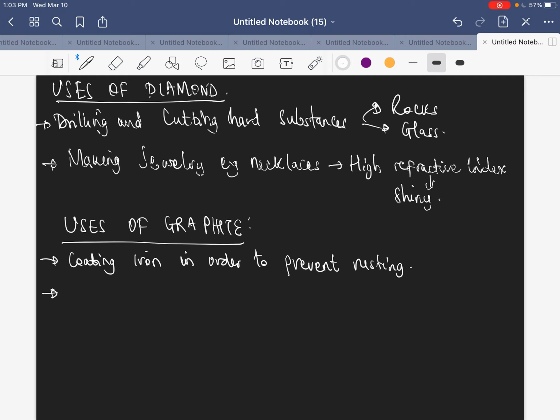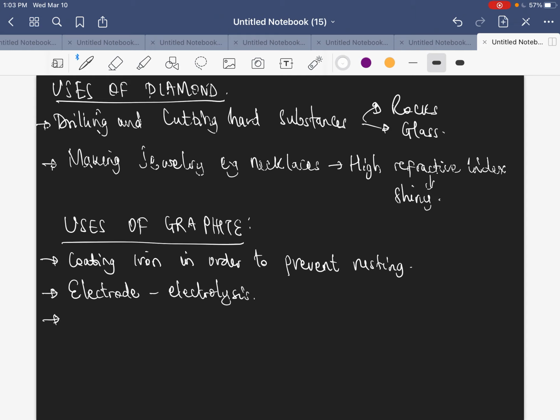Number 2, it can be used as an electrode, that is in electrolysis. Reason, graphite is a good conductor of electricity.